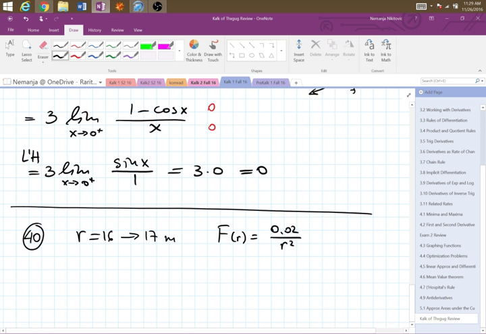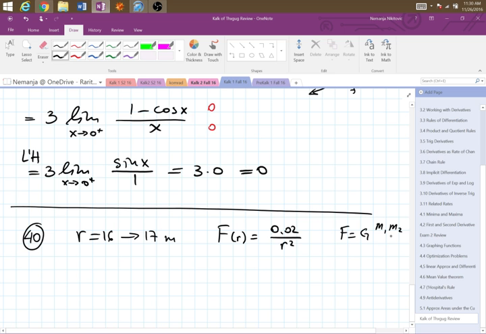The force of attraction between two objects could be magnetic, electrical, also gravitational. They all have the same type of formula with different letters, but they work the same way. For gravitational force, you have gravitational constant G, mass 1, mass 2 divided by the separation squared.